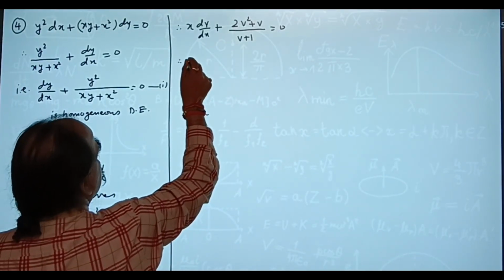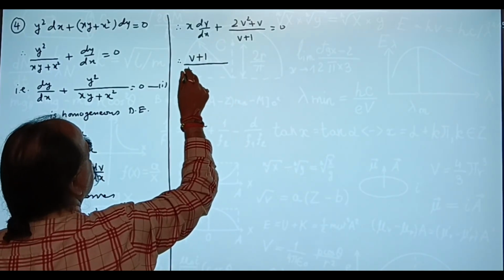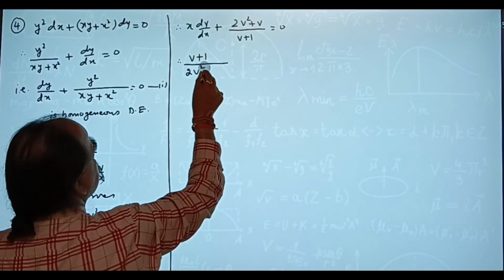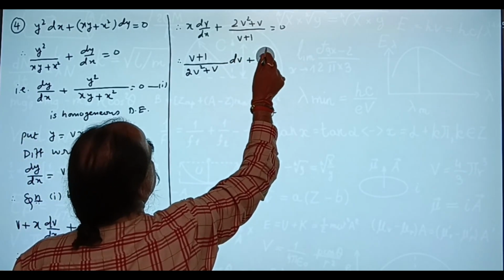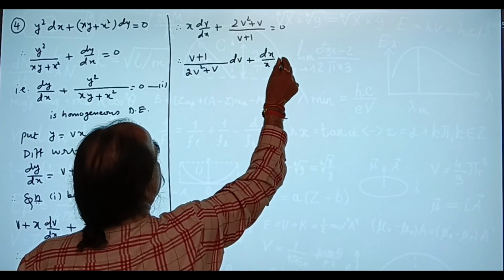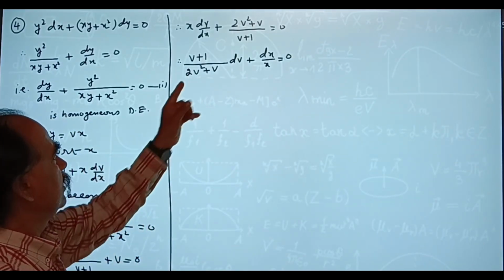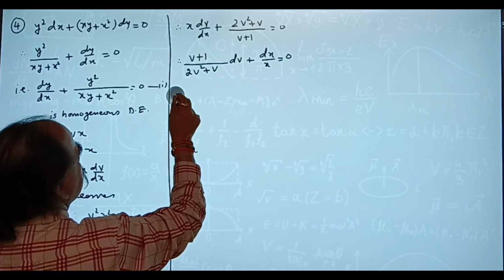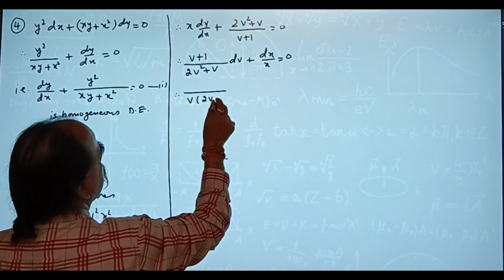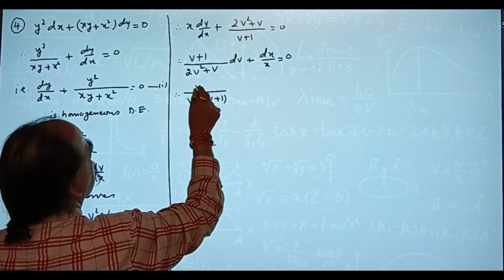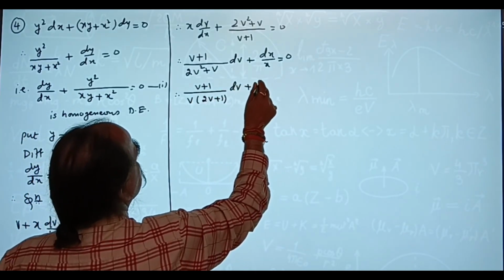Therefore, v plus 1 upon 2v square plus v dv plus dx upon x is equal to 0. Now in denominator we can take v common. So you get v into 2v plus 1.